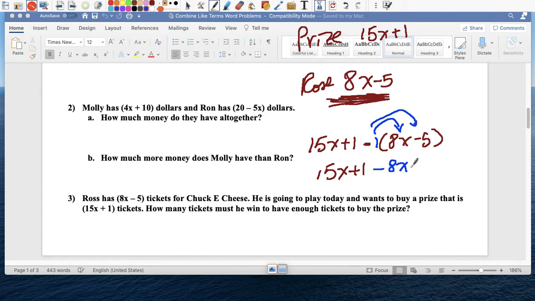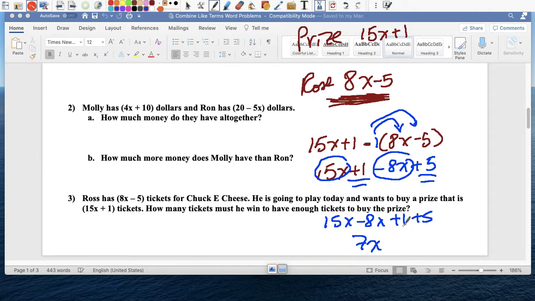Negative and a negative is a positive. And 1 times 5 is 5. Now I can combine like terms. 15x minus 8x, side by side. And then 1 plus 1 plus 5, side by side. 15 minus 8 is 7x. And 1 plus 6 is 6. So how many more tickets does he need? 7x plus 6 tickets.